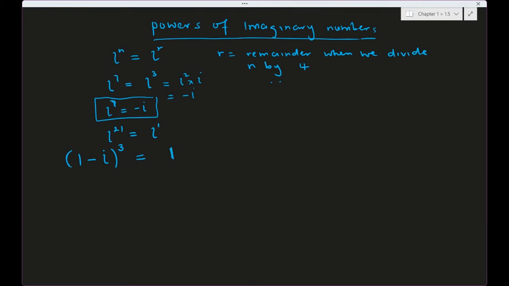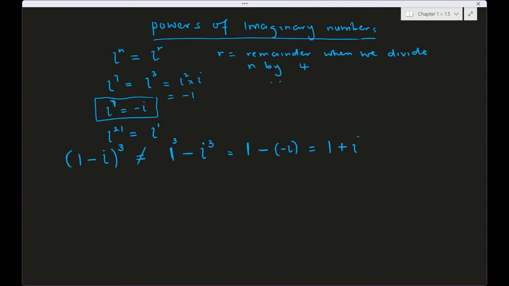They try to distribute this 3 so that it will be 1 to the power 3 minus i to the power 3. And they say this is the same thing as 1 minus, what i to the power 3 is just minus i, so this is 1 plus i. Now, this is not correct.